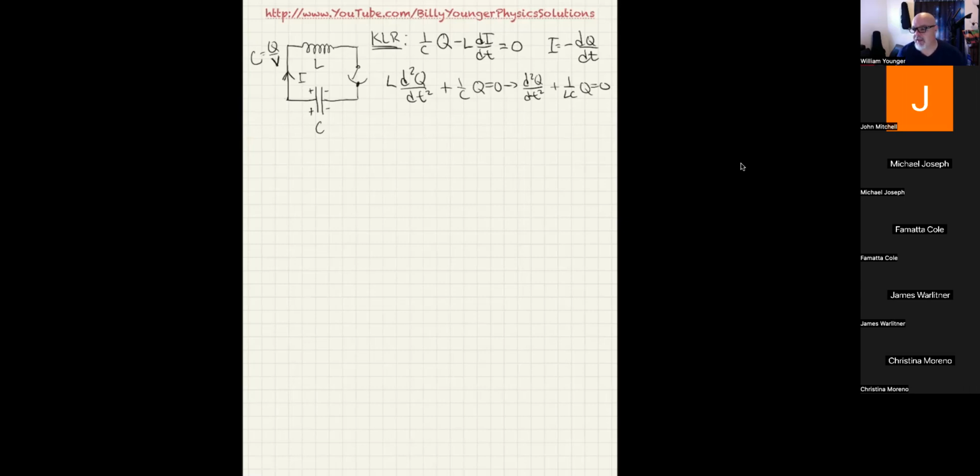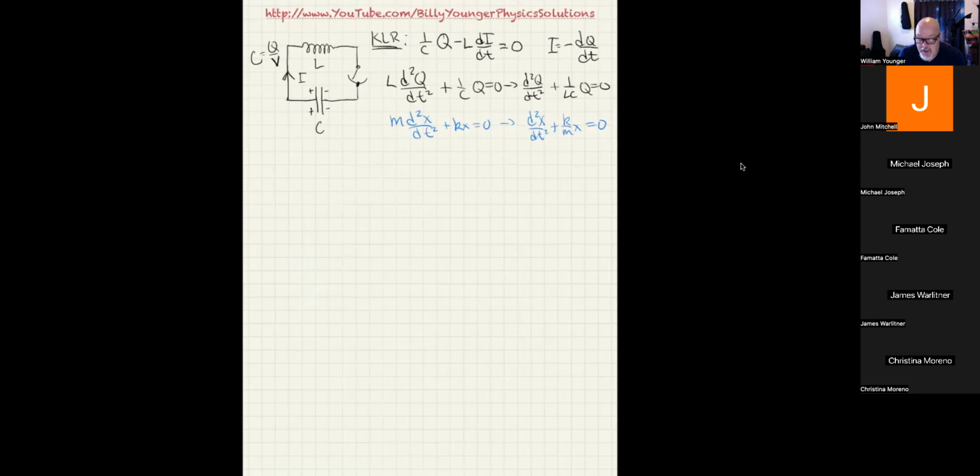So when you pulled the negative kx across the equals, it became m d2x over dt squared plus kx is equal to 0, which we made d2x over dt squared plus k over m x is equal to 0.